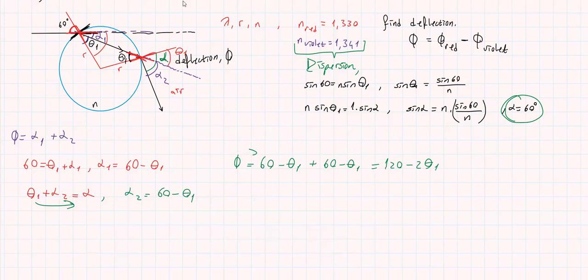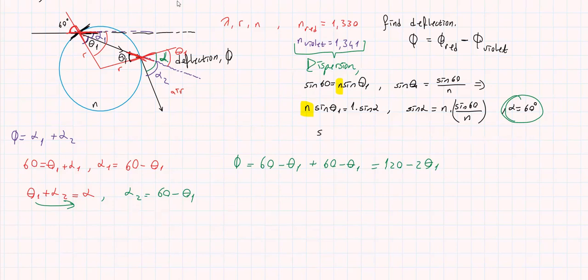As I said at the beginning, I didn't insert any refractive indices yet, any numerical values. I continued with only the n. Now it's time to insert them because we will calculate the deflection angle for these two wavelengths now. So to find phi, I will apply arc sine.